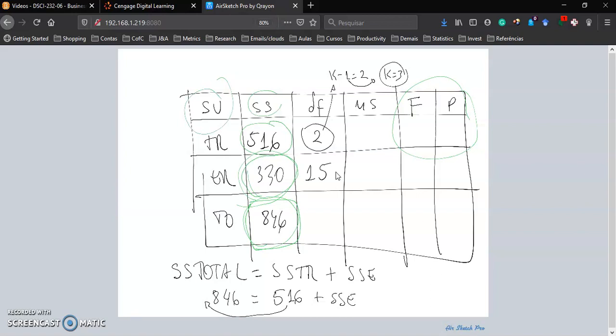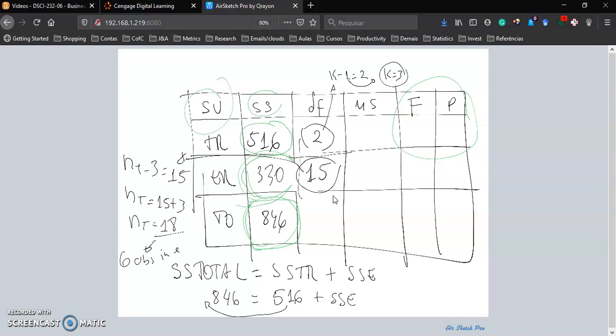And here I know that this is n total minus k. So n total minus k, where the number of groups k is 3, is equal to 15. I know that the total sample size will be equal to 15 plus 3. Total sample size is 18. So if I have 3 groups, I have 6 observations in each group, right? 6 observations in each group.